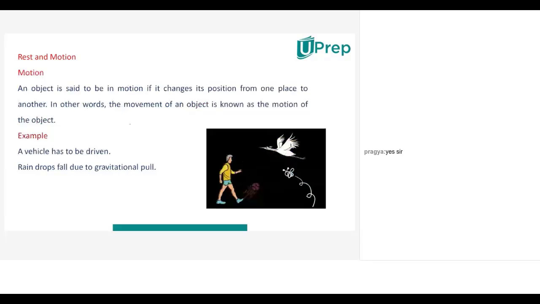Absolute means total. So here, whether this state of rest and motion are absolute or not. Absolute means whether what you are saying is right or wrong, certainly. Absolute means what you can say certainly.